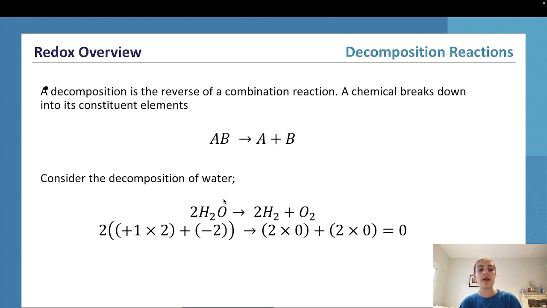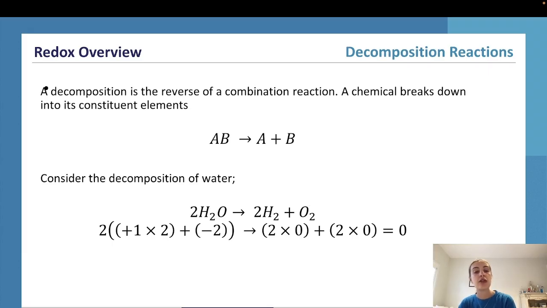So if hydrogen is gaining electrons, we can say that hydrogen is being reduced, whilst the oxygen is losing electrons, so we can say the oxygen is being oxidized.